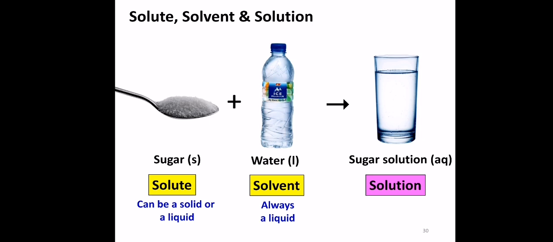So solvent is always a liquid, right? So sugar plus water, you will manage to get sugar solution. So solute plus solvent equals solution. This is the concept or the connection between solute, solvent, and solution.